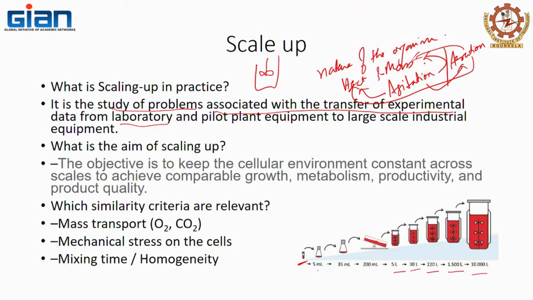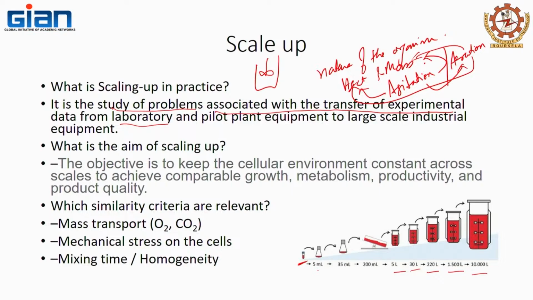If I have to take this pen and make a bigger pen, I will take the things that I can control. The first thing is the geometry that I can actually control and pass on. Now, tip speed and all those things affect your agitation and your KLA values. For a small fermenter, I can use only one impeller.